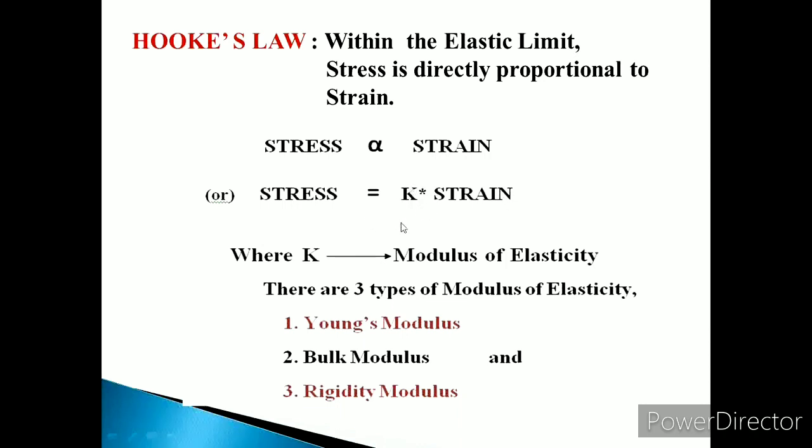Here K is generally called the proportionality constant, where K is known as the modulus of elasticity. That is an important term. There are three types of modulus of elasticity: Young's modulus, bulk modulus, and rigidity modulus.